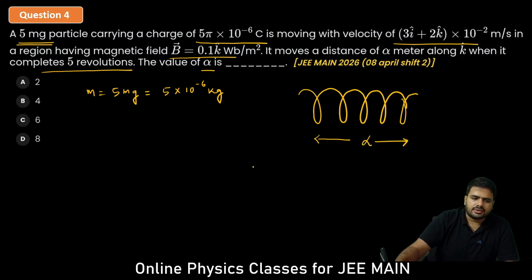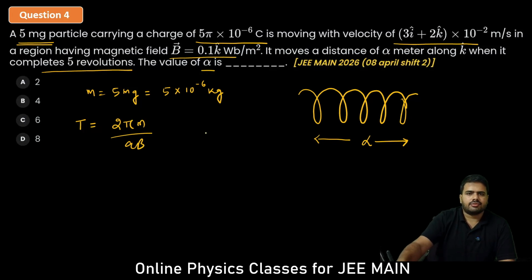Okay, so let's find out the time period first. We know the formula for time period is 2 pi m by QB. So here 2 pi we can directly write down.